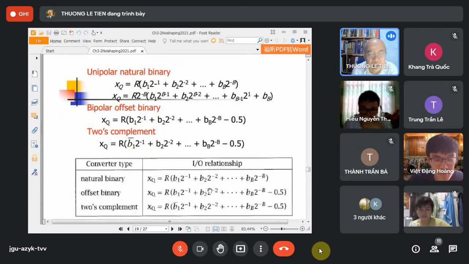Now we look directly at the table. We put all of them into a table like this.